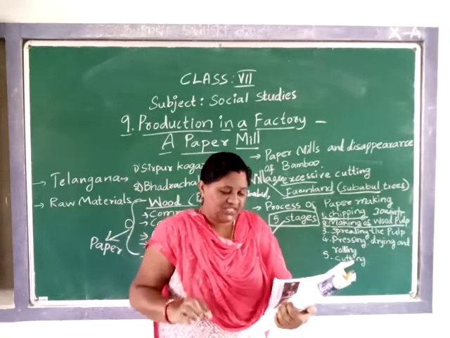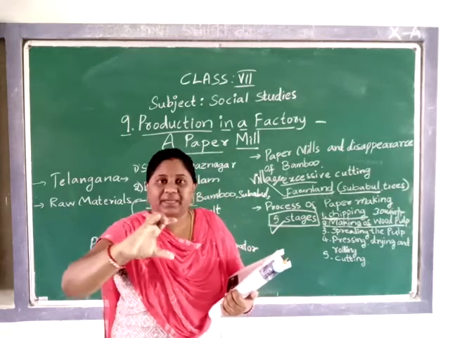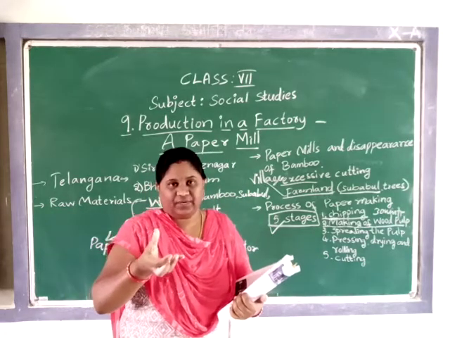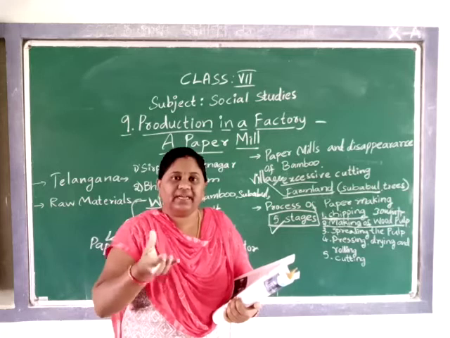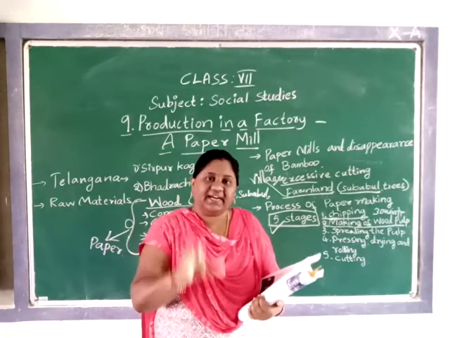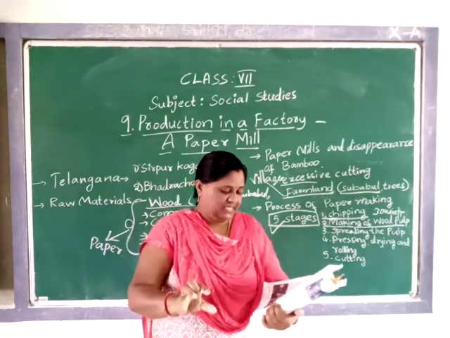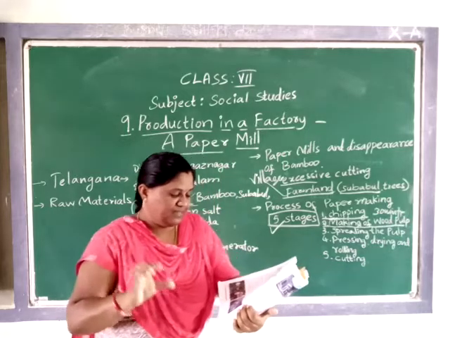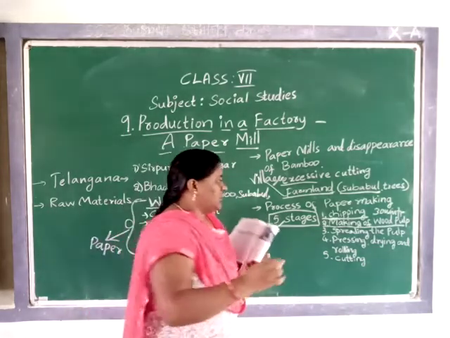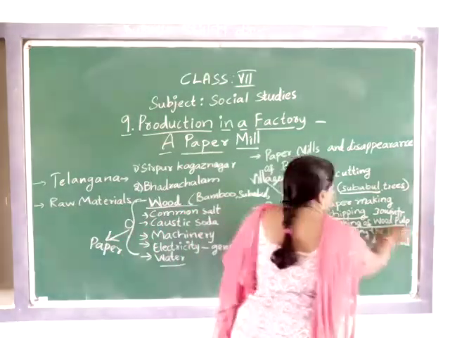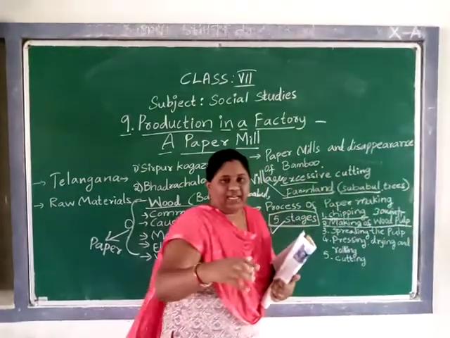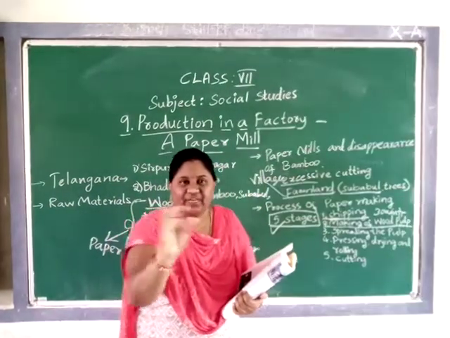In this section, the wood chips are boiled, and for whitening, they use some chemicals. So here we get wood pulp. After boiling, we get a fiber.